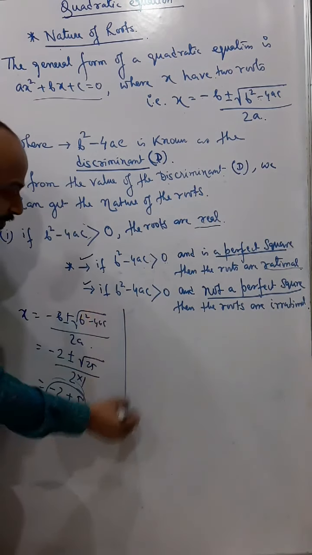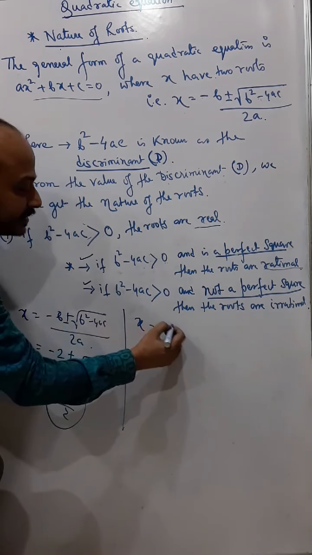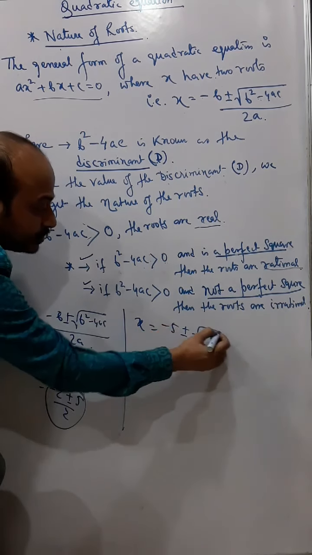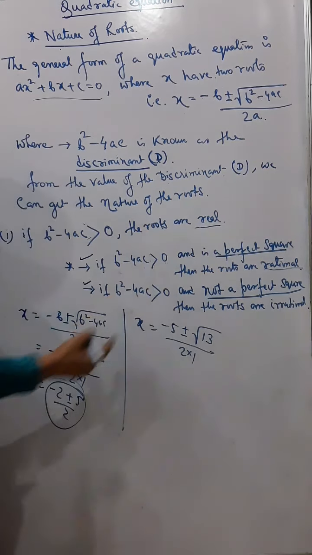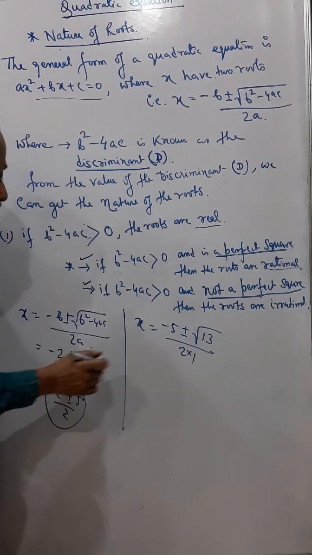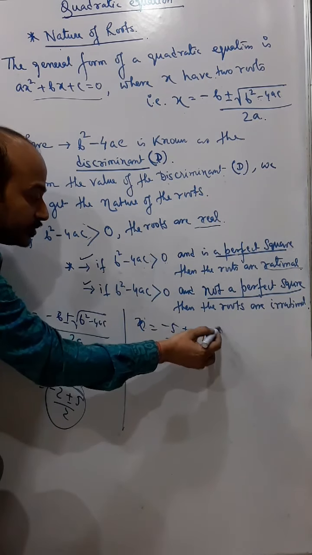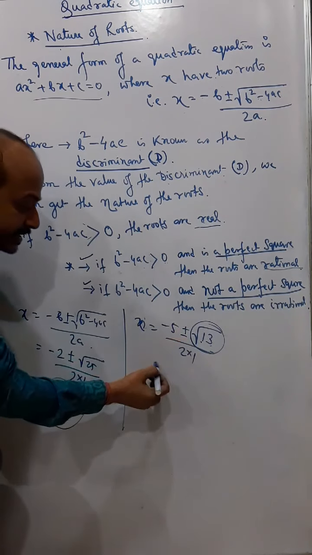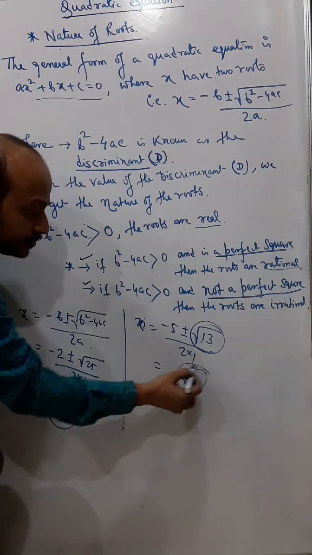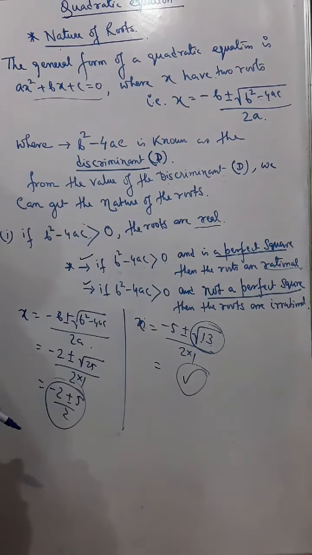Now take this example. Suppose minus b, say b is any number, plus root over 13, by 2 into 1, that is 2. Now what will be the answer? In the value of x, this root will remain there because 13 is not a perfect square, so the answer will contain a square root.